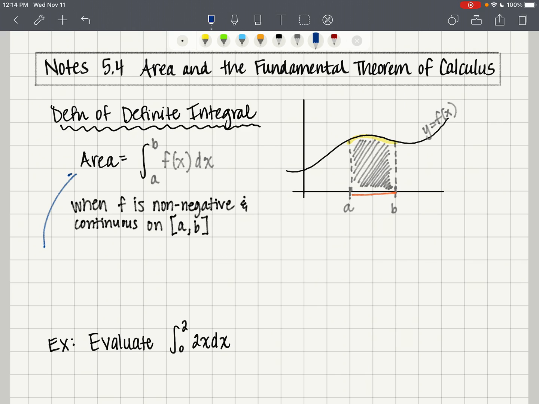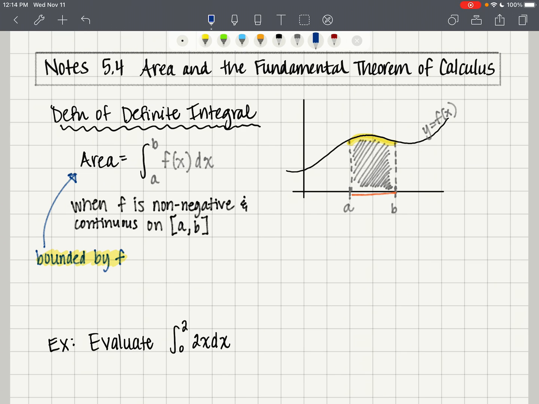I'm going to say one more thing about the area here. The area is going to be bounded, because this language will be important, bounded by f. There's that yellow, so that corresponds to this yellow portion of the curve.